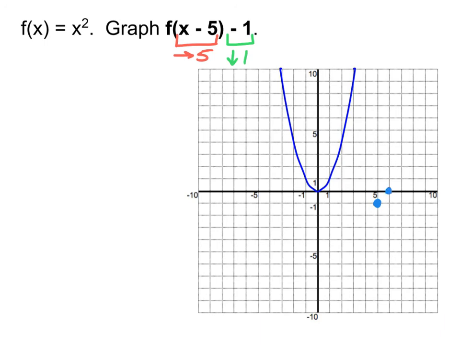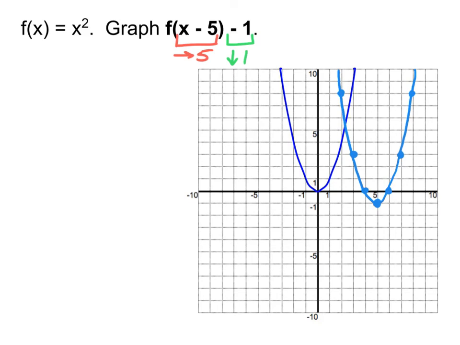And 2 squared is 4, so I go over 2 and up 4, and so on. All of the points are in the same relative position. That is, they're in the same places when compared to our starting point. So once you have that starting point, you can just make the graph like you normally would for x squared. Draw the curve through those points, and you're done.